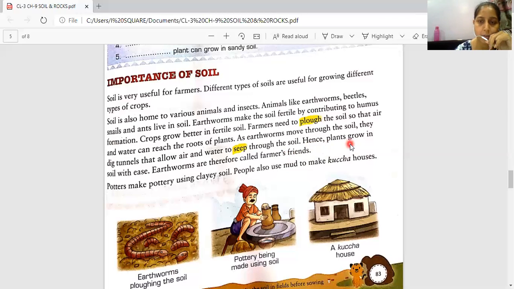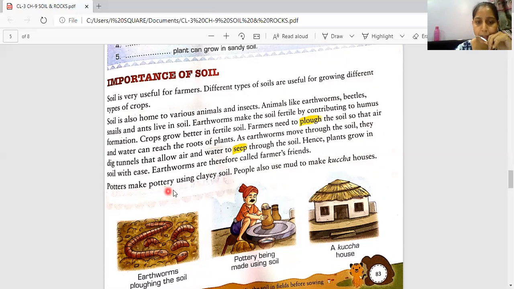Hence, plants grow in soil with ease. Earthworms are therefore known as the farmer's friend because they make tunnels for the plants so that the plants can get air and water through the soil.